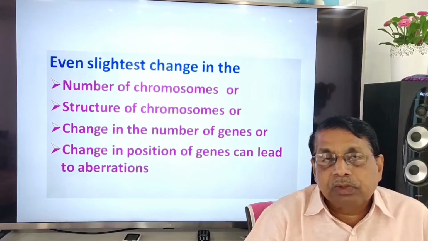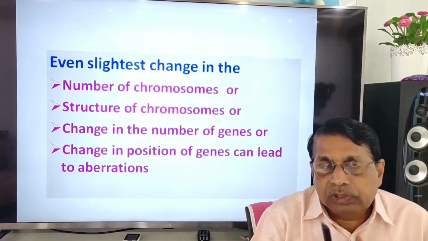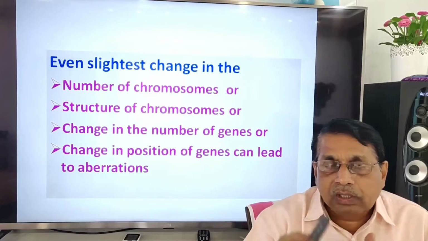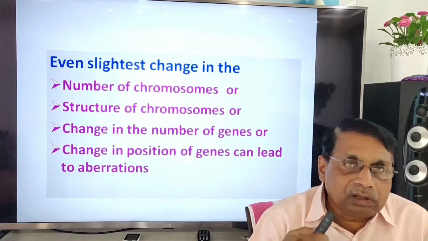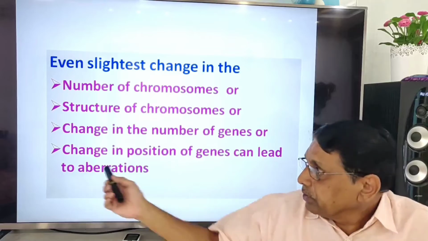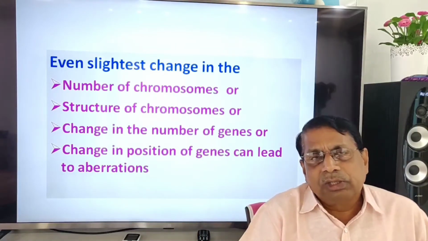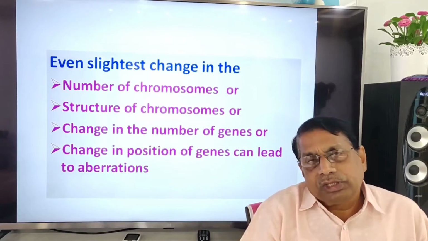Originally, let us suppose there are 15 genes. Suppose these 15 genes are reduced and now represented only by 12 or 14, one gene less or 3 genes less. Similarly, change in position of the gene: the same genes will be present, but the order will be changing.